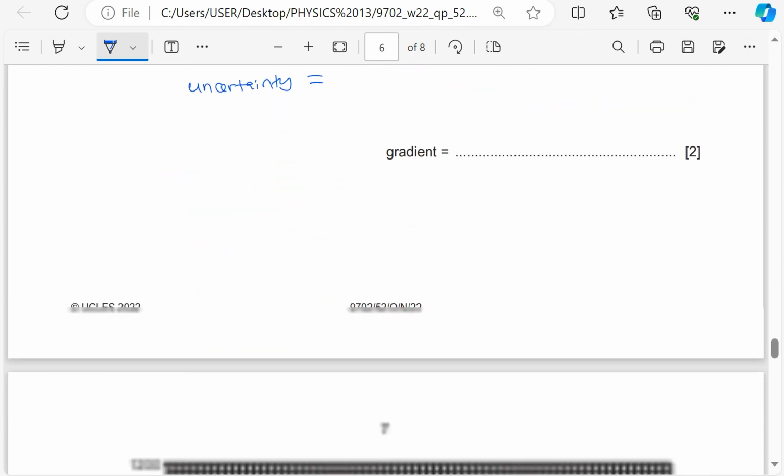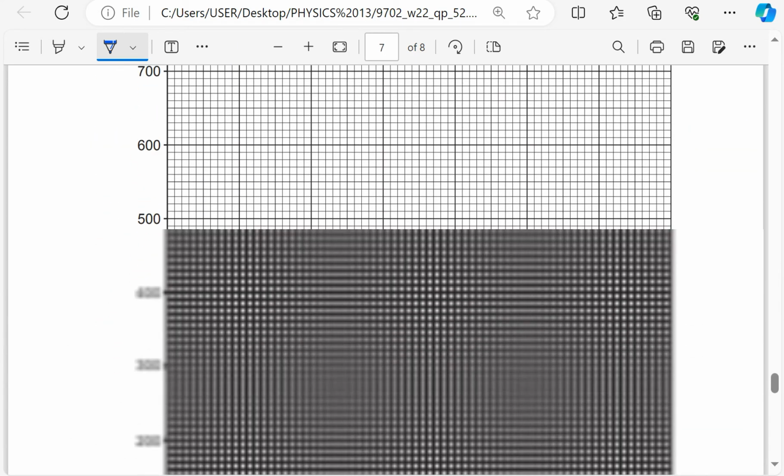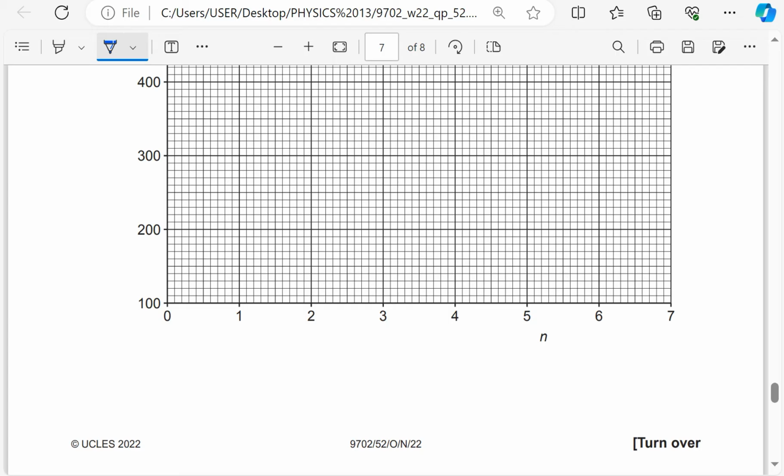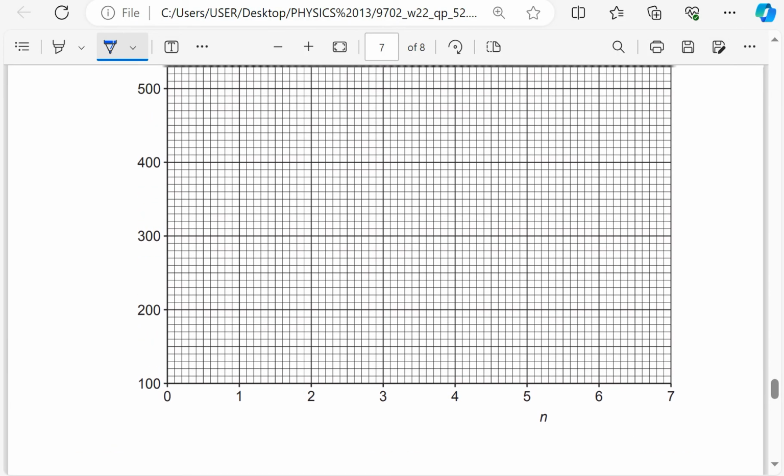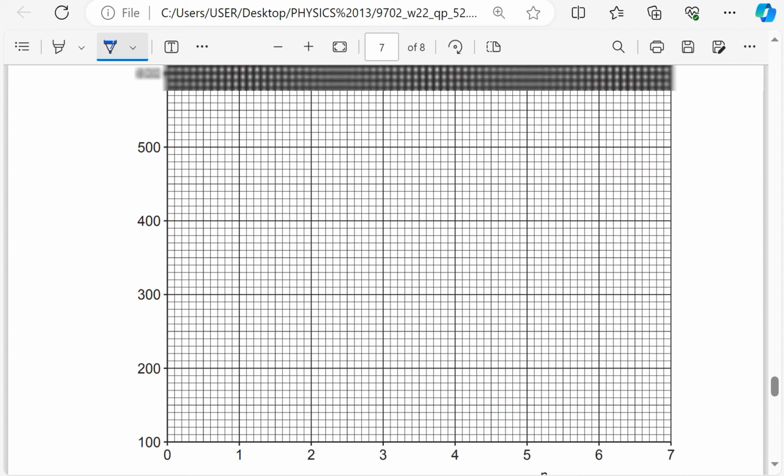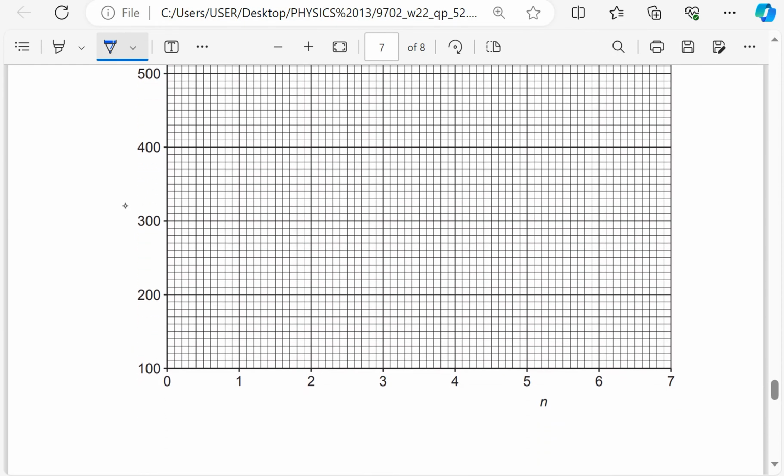Okay, so let's plot. I think plotting this is very quick. When n is 1, f was 140, so n is 1, f is 140. The scale on the vertical is 100 divided by 10, which is 10. 1, 2, 3, 4. That is 140.